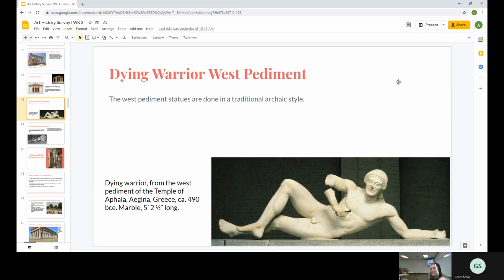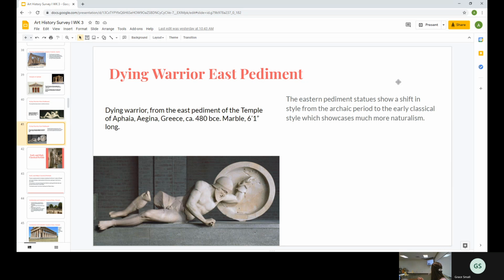Now, as I mentioned, the eastern pediment was replaced 10 years later. When they replaced it, they didn't copy the exact style. They switched it up. So this is the Dying Warrior from the eastern pediment, done towards the very end of the Archaic period. And you can kind of see a shift here into the early classical style, which was obviously a lot more natural and realistic. This guy is not happy about dying.